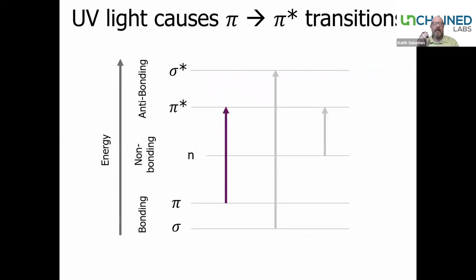When specifically we're talking about protein and UV light, and that's the focus of today's conversation, we're talking about pi to pi star transitions. The electron goes from a pi orbital to a pi star orbital, and when it relaxes back to its normal state, it gives off a photon. Much about the characteristics of that light being given off really informs about intrinsic fluorescence, and that's what we're going to talk about today.